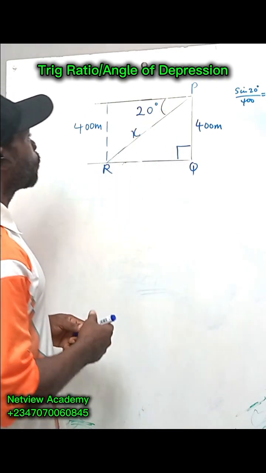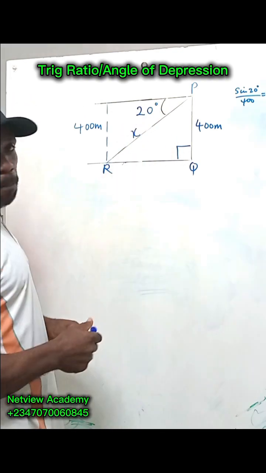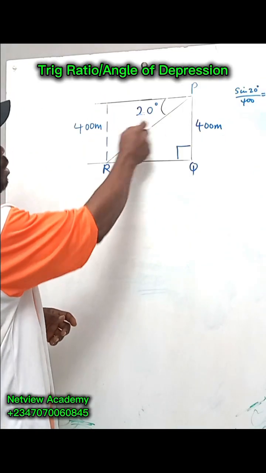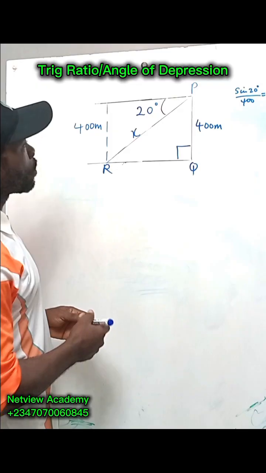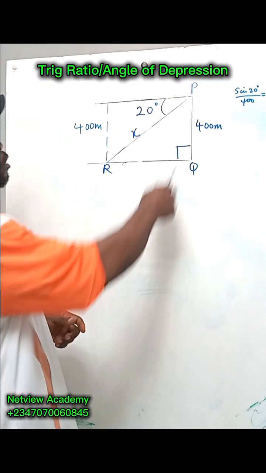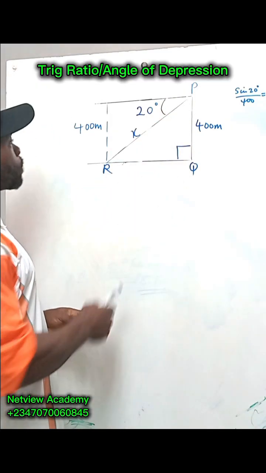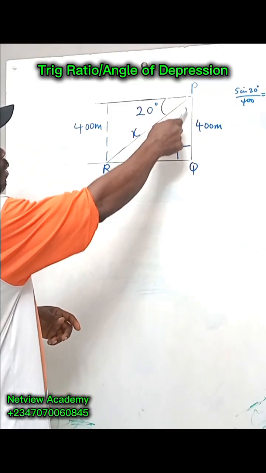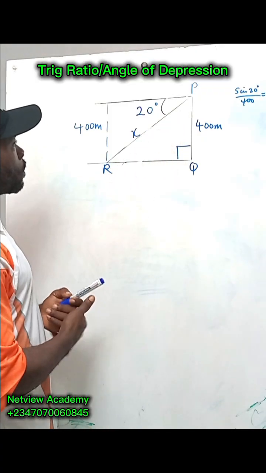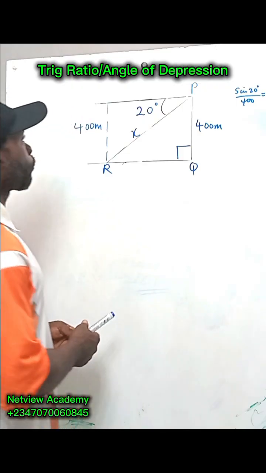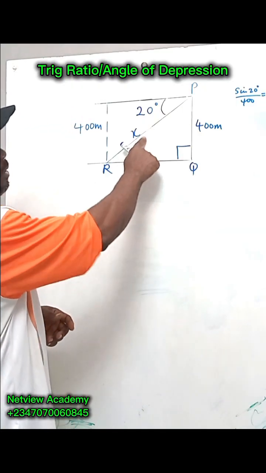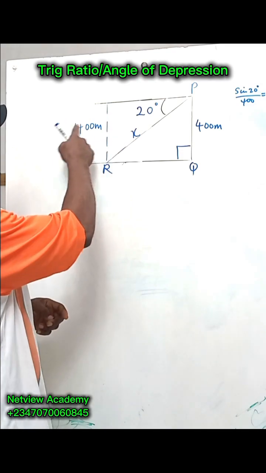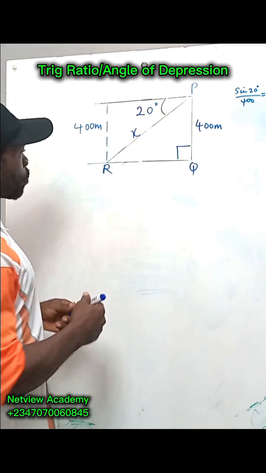Now, the angle of depression is 20 degrees. The opposite, the side facing the angle of depression, is equal to the altitude of the helicopter, which is 400 meters. And we are asked to look for the hypotenuse of the triangle that is formed. So applying trig ratio to get x, the hypotenuse, we are going to use opposite over hypotenuse.